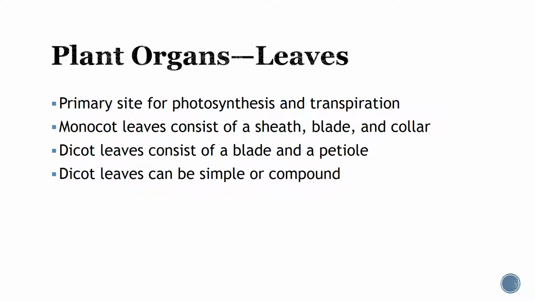The dicot leaves can also be simple or compound, and we'll look at some different variations of those in class. But this is really important because photosynthesis and transpiration, of oxygen, of carbon dioxide, all of those very important aspects of plant growth, is where that is going to take place. So making sure that those leaves have what they need is vital to the success of that plant.